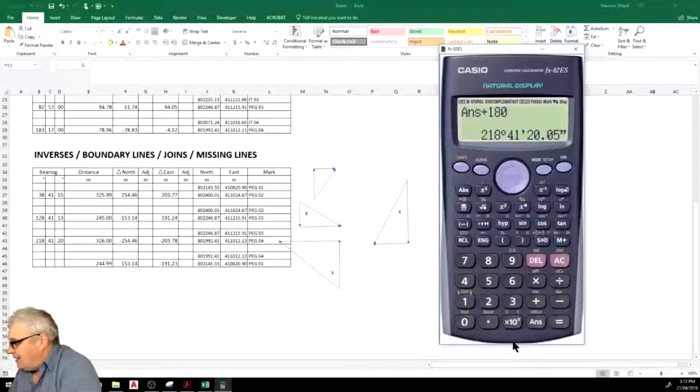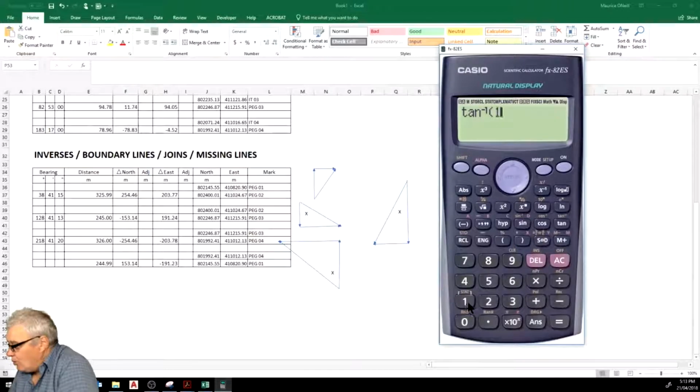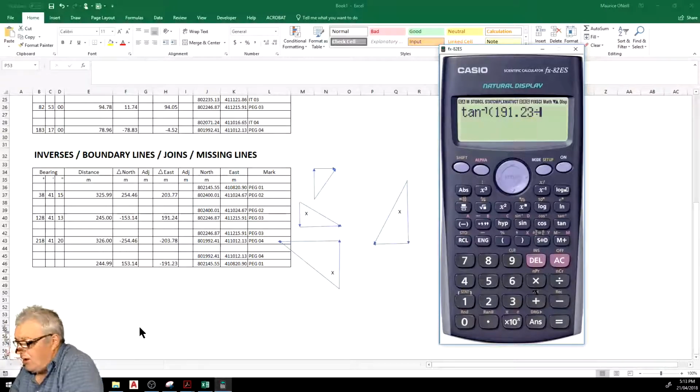So let's go shift tan to the -1, and we want the easting, so that's 191.23... 190.23 divided by, and I would recommend using the northing, so it's adjacent. Tan is opposite over adjacent, and that's 153.14.